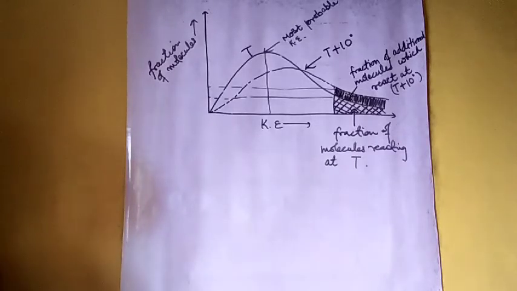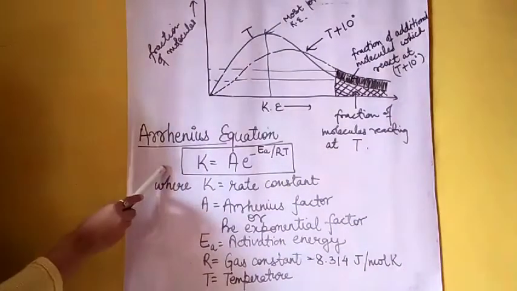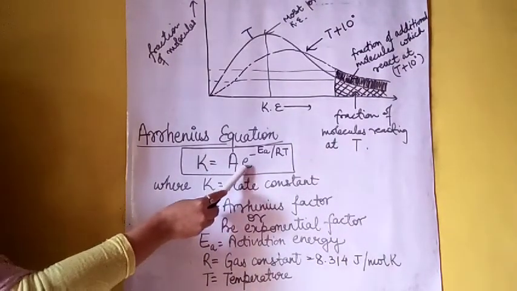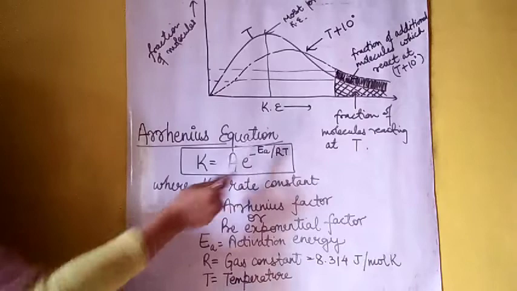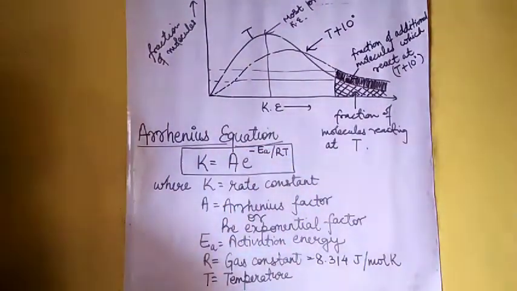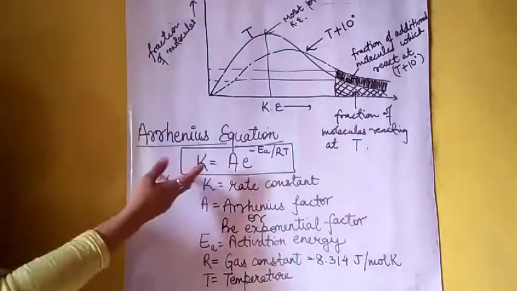Now, after this graph, we will come to the mathematical equation which was given by Arrhenius. Now, what is the Arrhenius equation? So this is the Arrhenius equation, that k is equal to A e to the power minus Ea by RT. Now, what are these constants, or we can say alphabets here?